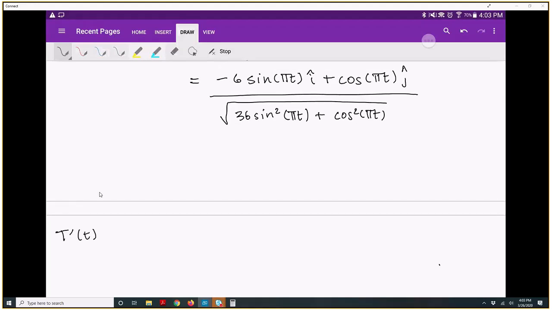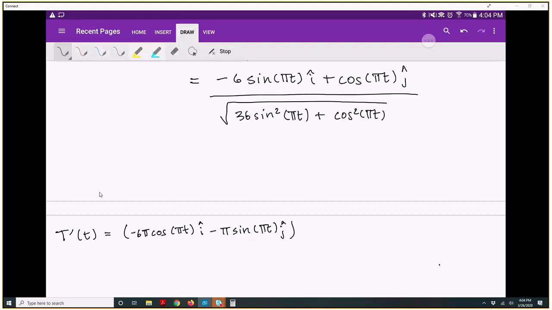So we're going to take the derivative of what we just found, which means, of course, we'll need to use the quotient rule. So we will take the derivative of the top. That's going to be minus 6 pi cosine of pi t i cap minus pi sine of pi t j cap.